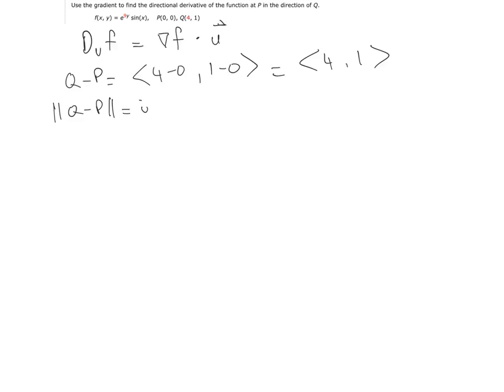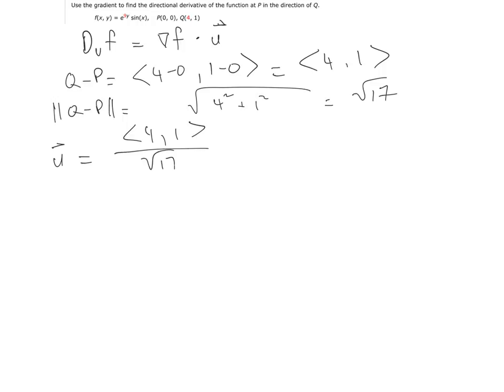You would have 4 squared plus 1 squared, you get root 17. So your unit vector will be 4, 1 divided by root 17. So you get 4 over root 17, 1 over root 17.